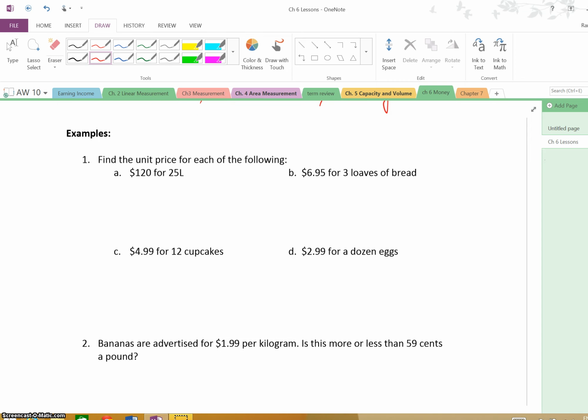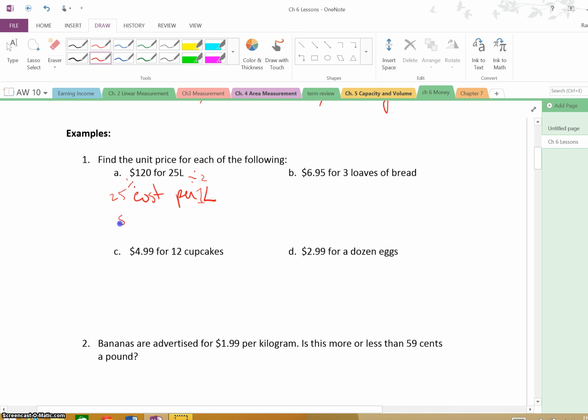So I've got $120 for 25 liters. Typically it's not how many liters per dollar. We want to know how much it's going to cost per liter. So to get 1 liter, I'm going to be dividing both of these by 25.